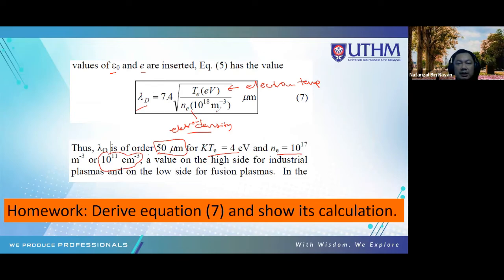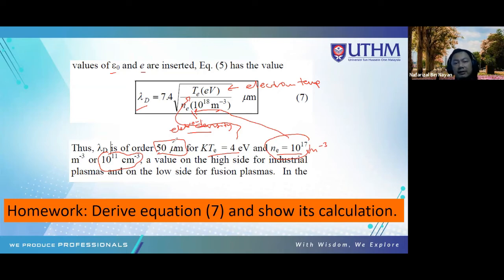Here we use meters, so if we use 10 to the power of 11 per cubic centimeter, or 10 to the power of 17 per cubic meter, you can put it into this equation, with kTe in electron volts. Then you get the distance between the particles of around 50 micrometers.